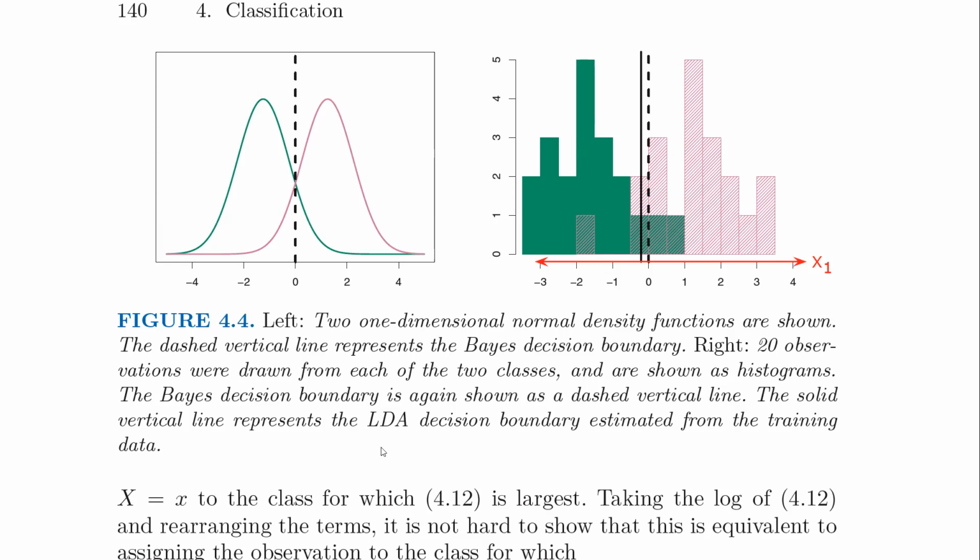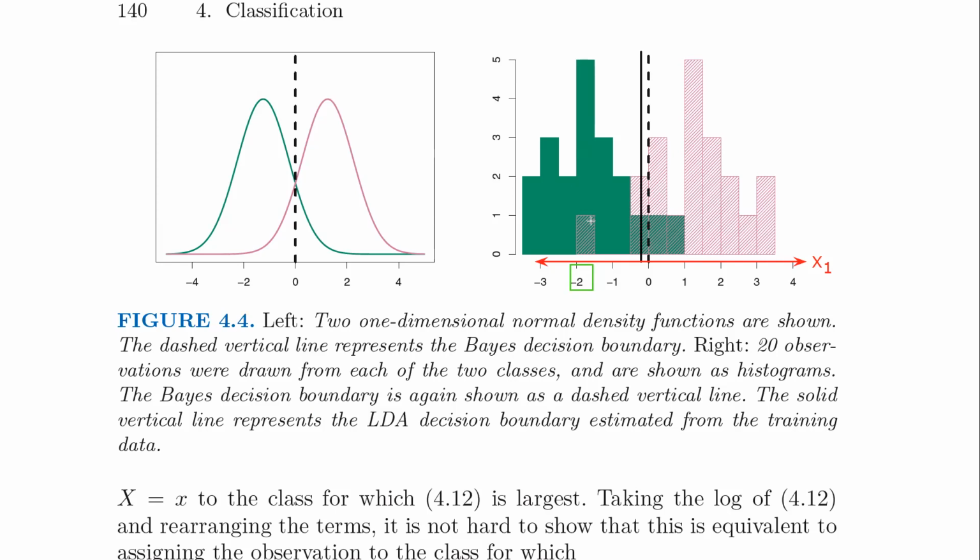So if you give it, for example, -2, anything with a -2 will be classified into the green class, otherwise into the pink class. Now, don't expect your model to get it right each time.